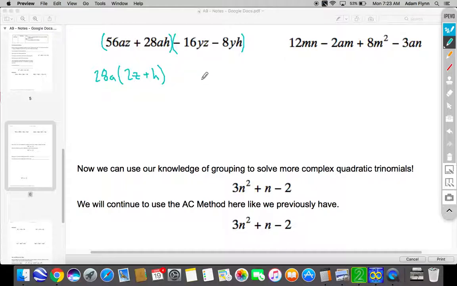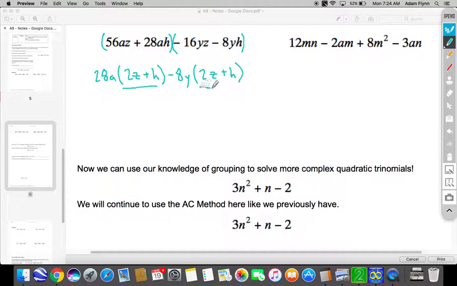and I know that negative 16yz and negative 8yh are both divisible by negative 8y. So when I divide negative 16yz and negative 8yh by negative 8y, I'm left with 2z plus h.